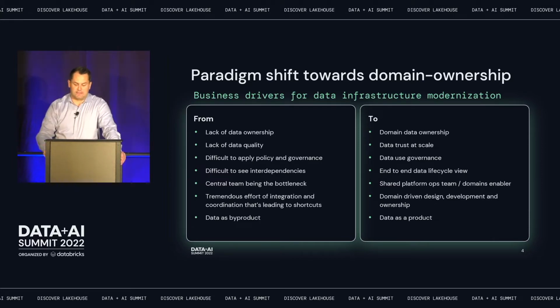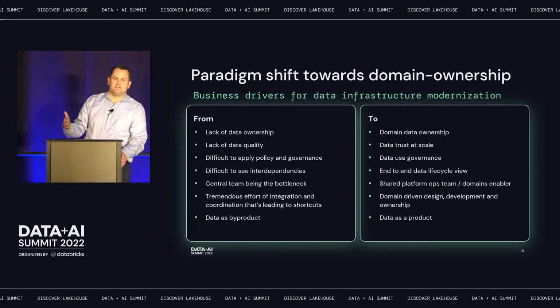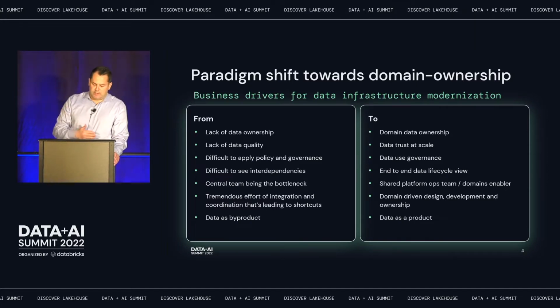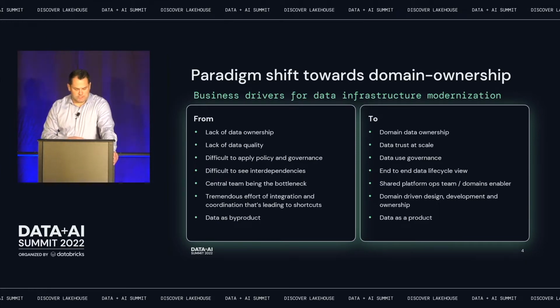We're now applying lakehouse reference architecture to address some of the challenges we've been talking about. But the central team is still struggling to really support the organizational needs at scale. The revenue-generating parts of the business are competing for capacity with other parts of the organization. So moving from a central team being the bottleneck to shared platform operations teams being domain enablers is part of the rationale for this shift as well.